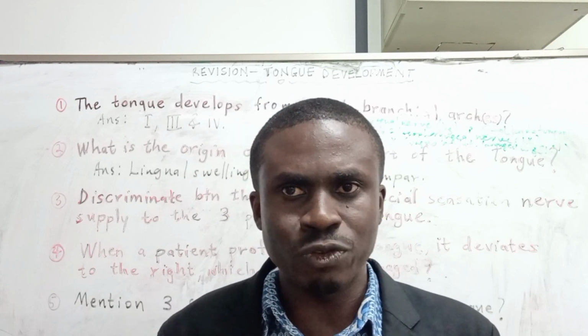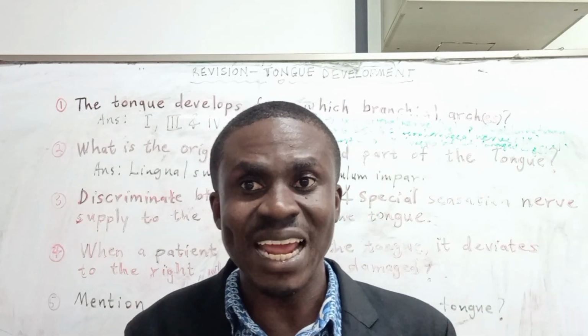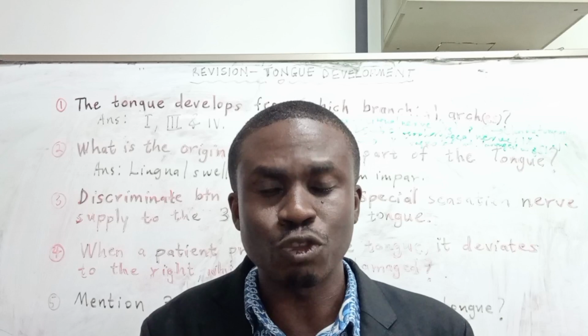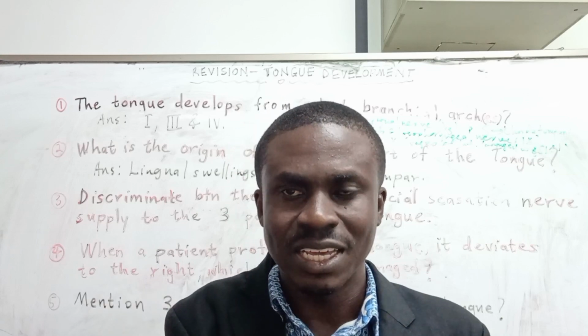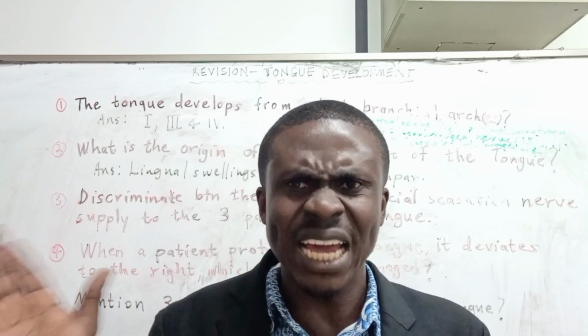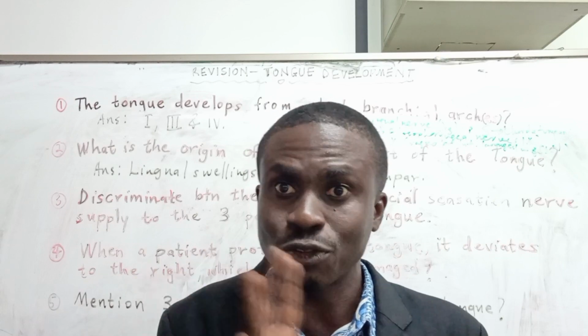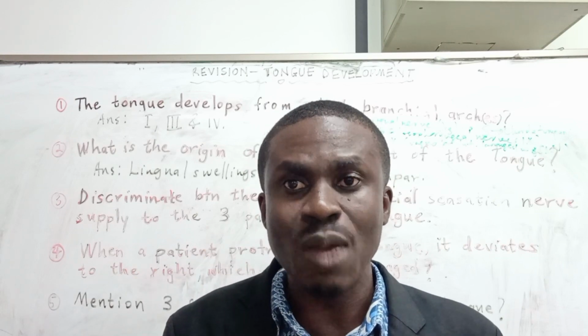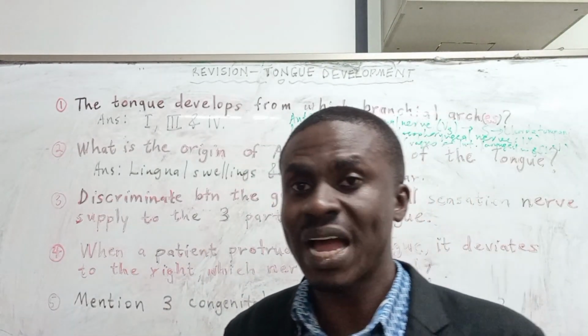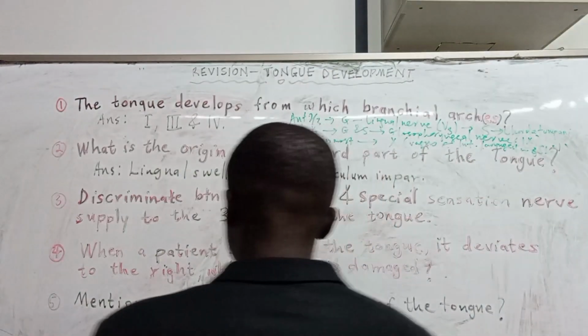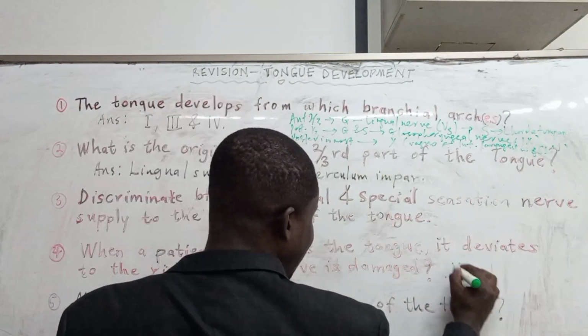But let's not go so much into that. What I'm trying to say is that the exception, which you can say is supplied by the pharyngeal plexus, is of course the palatoglossus. All the other muscles, intrinsic and extrinsic, are supplied by the hypoglossal nerve. And whenever we talk about the hypoglossal nerve, we are talking about the 12th cranial nerve.